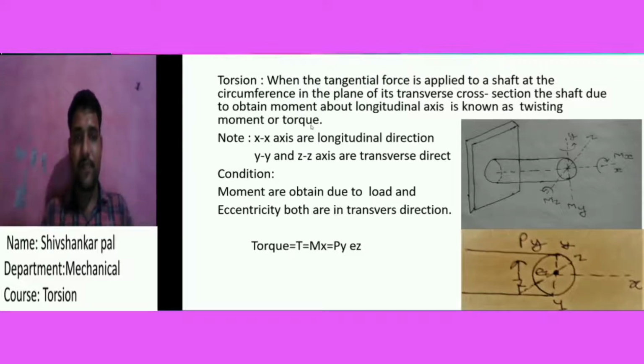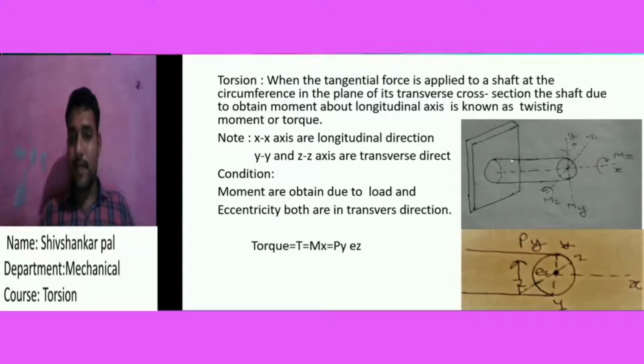Simply put, when a tangential force is applied on the shaft circumference, the resulting moment about the longitudinal axis is known as the torsion, twisting moment, or torque.